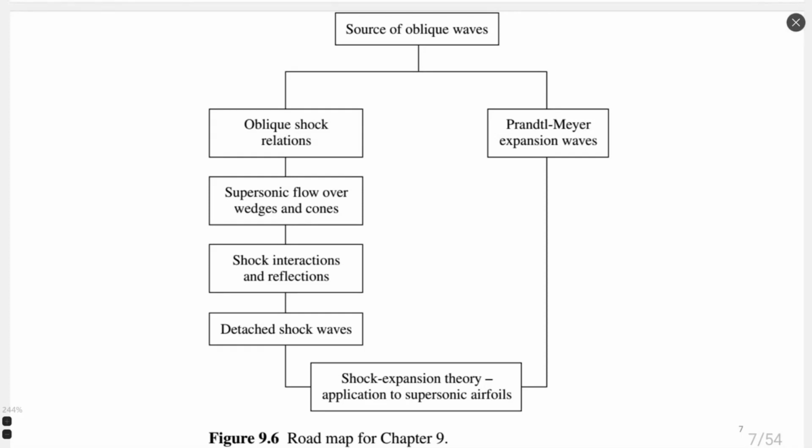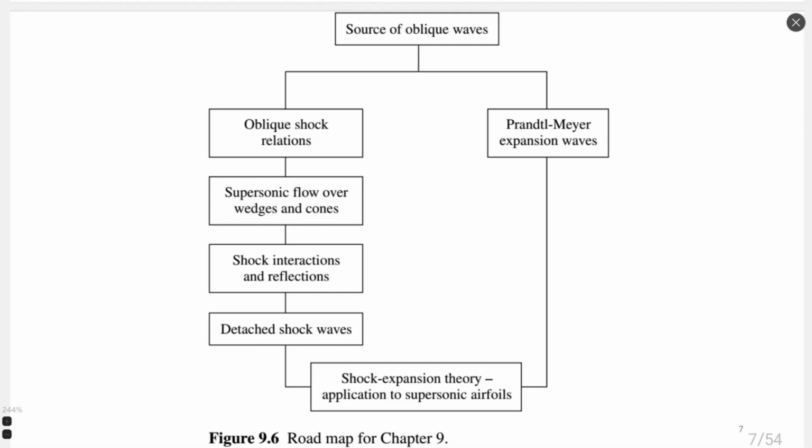Then we talk about detached shockwaves, which are not connected to the body, but are produced by the flow and body at some distance, like a bow shockwave, for example. How to determine when this shockwave will exist, when it will be attached. We will talk about this here.